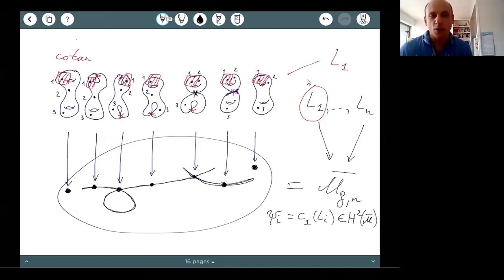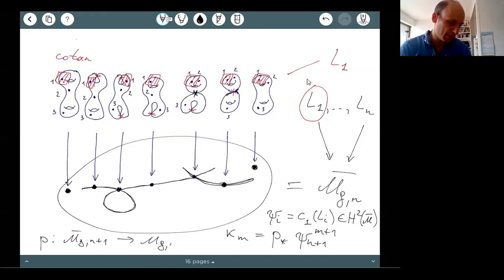So maybe for completeness, I will also define the kappa classes. I realize it is a very fast introduction, but if you see this for the first time, you will still be able to follow most of what follows without knowing what the psi classes and the kappa classes are, except that sometimes there will be formulas where they appear. So kappa_m is the push forward of psi_{n+1} to the power m+1, if you take the forgetful map from M_{g,n+1} bar to M_{g,n} bar, forgetting the last marked point.